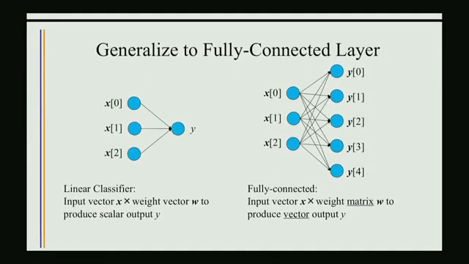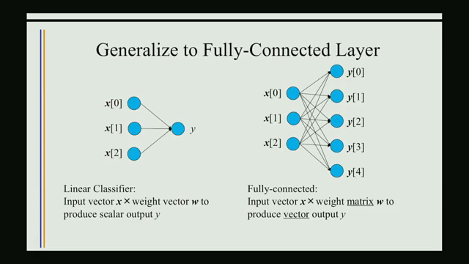So let's generalize. We've got a linear system we can build. That's the single perceptron. Some number of inputs get combined to produce the output Y. We can generalize this by saying I've got some input layer with some number of inputs, could be 3, could be 784, could be 1,000,000. At this point, it doesn't matter.